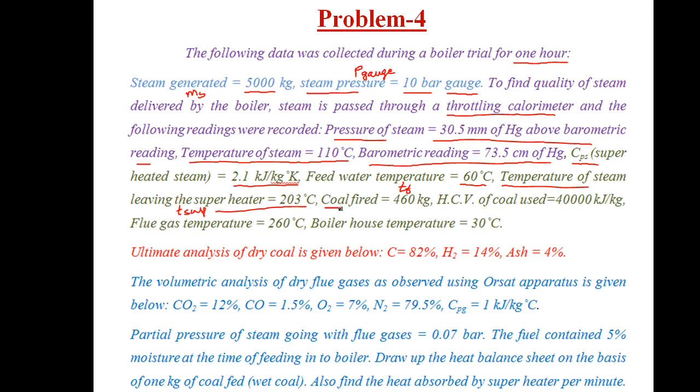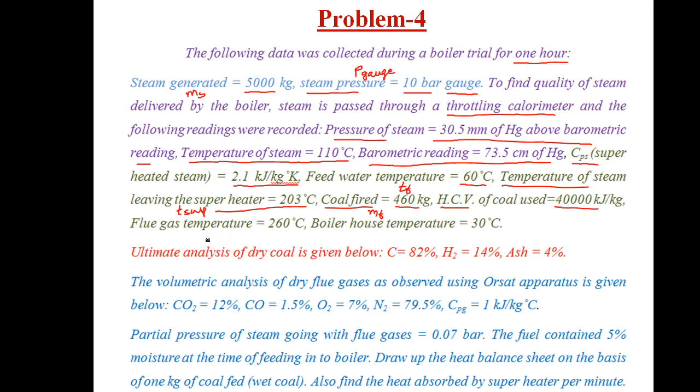Coal fired, the amount of fuel burned is 460 kg in 1 hour, that is 460 kg per hour. The higher calorific value, CV, of the fuel used is 40,000 kilojoules per kg.